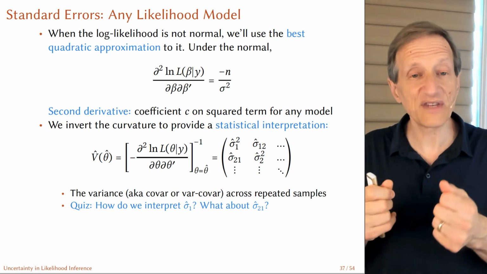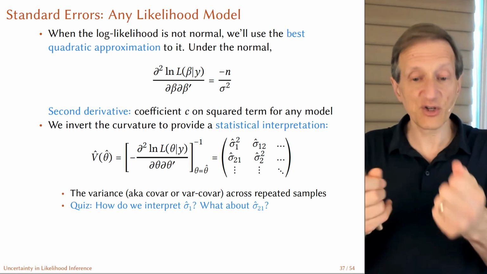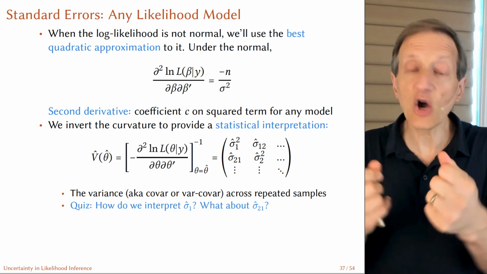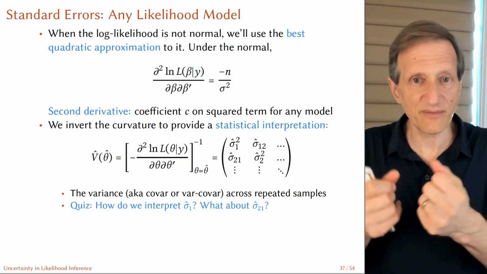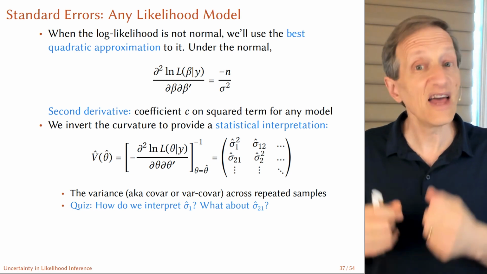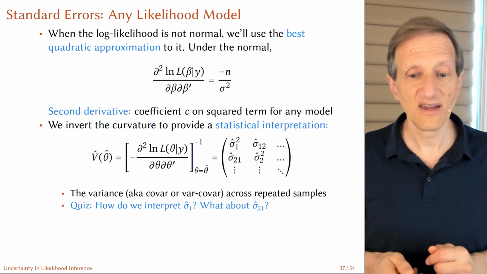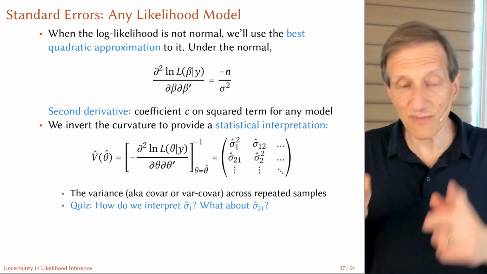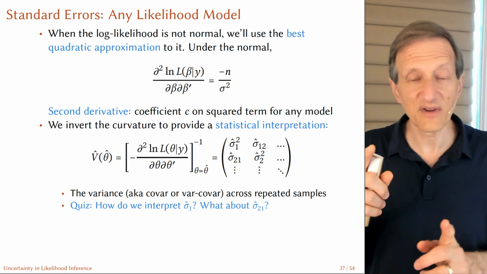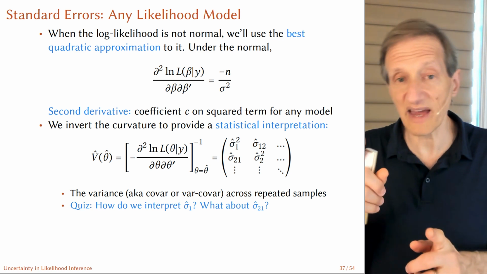And instead of calculating the standard deviation for one of them, now we're going to have two of them, and we're going to calculate the covariance, the sample covariance between those two estimates across repeated samples. And if we do that, then we get sigma hat 2, 1. You might also ask what sigma hat 1, 2 is. Well, the matrix is symmetric because the covariance of theta hat 2 and theta hat 1 is the same as the covariance of theta hat 1 with theta hat 2.